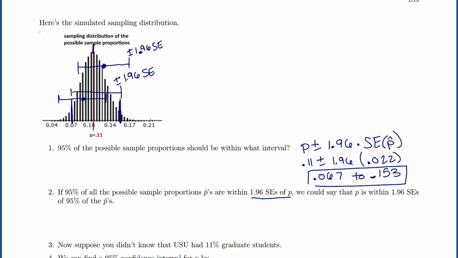But what if I happen to get this sample proportion and I went out plus or minus 1.96 standard errors?